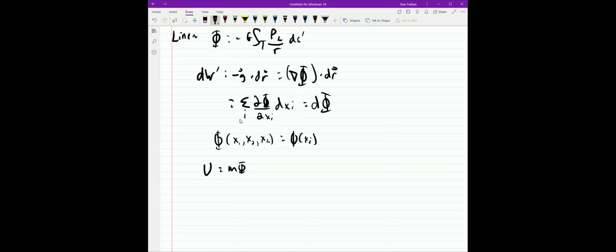Okay, and we know that the force, from chapter 2, is equal to the negative gradient of potential. And we can check that it's the same. If you do the math, you should recover negative GMm over r squared er, which you do. So, okay.